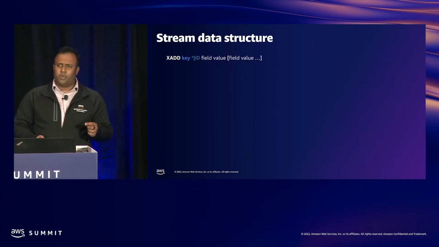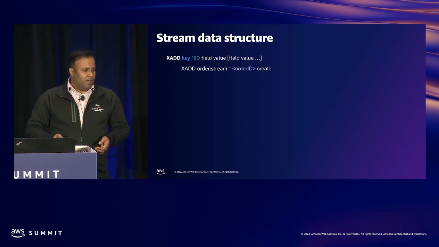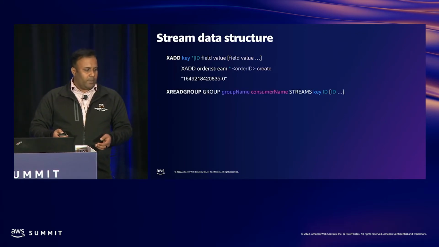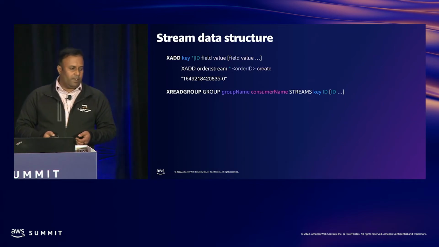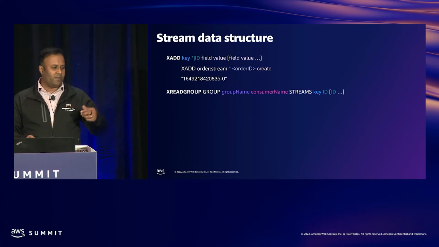Let's understand some of the commands which do this. If you do XADD, it adds to the stream. You would pass the stream name and the value, and then you would create it. Then that comes back with a key, which gets automatically generated. And the -0 can deal with conflicts if there are any.